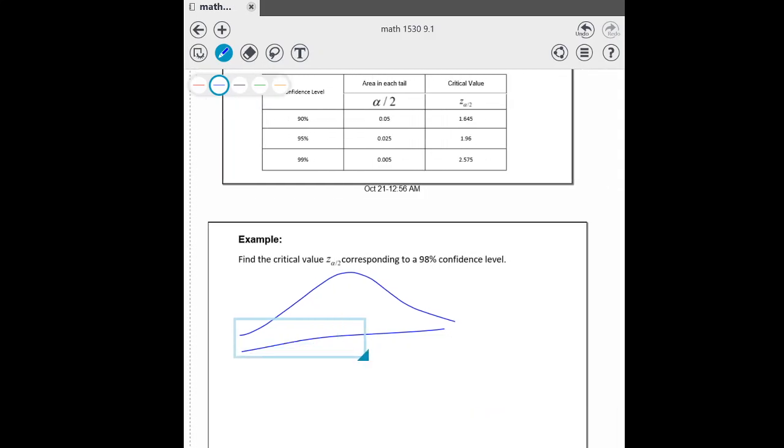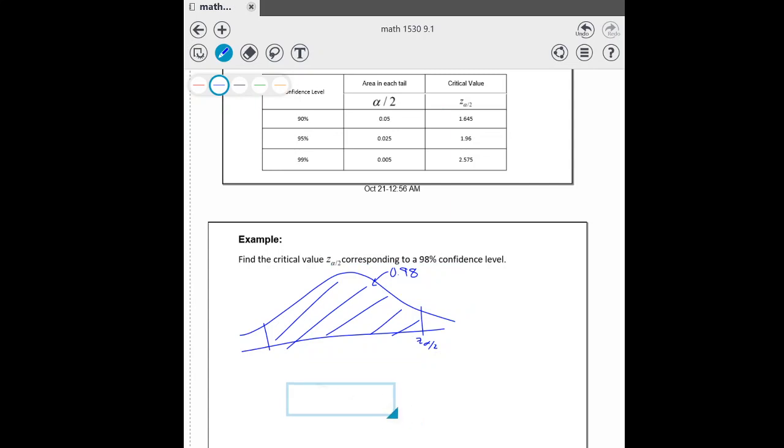We have one here and one here. So this positive one is our z alpha over 2. And if it's 98% confidence, that means that the area in the middle here is 0.98. So that's the area in the middle.